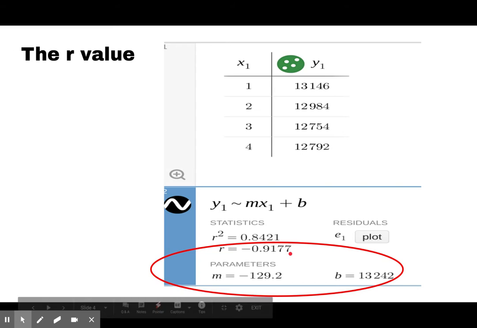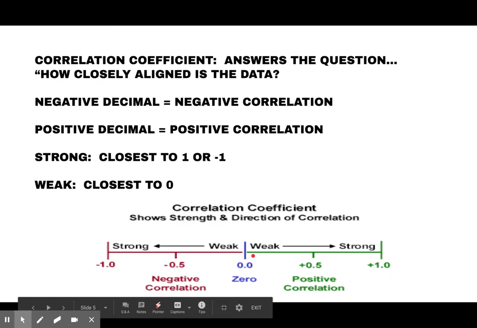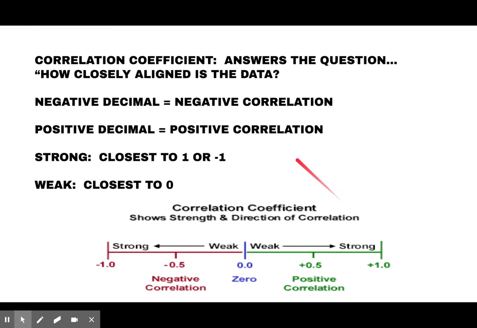So we see here that the value of R is a negative 0.9177. What we're trying to say here is the correlation coefficient answers the question, how closely aligned is the data? If it's a negative decimal, it's a negative correlation. Like you saw on the previous slide, it was a negative, so it's a negative correlation. Obviously, a positive decimal is going to be a positive correlation.